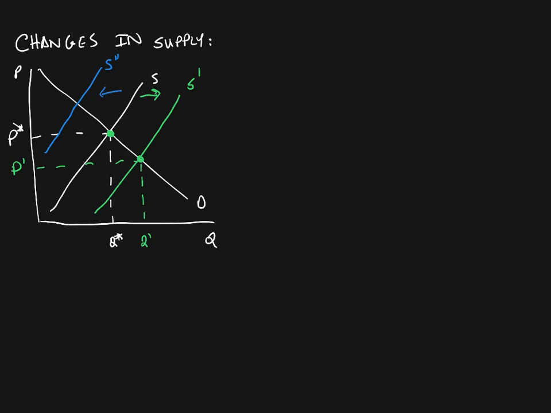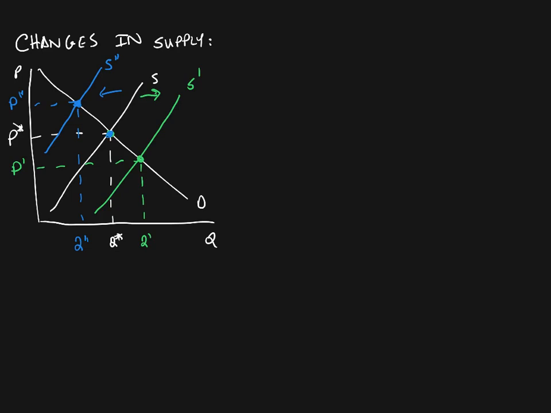A leftward shift of the supply curve is going to move the equilibrium from the original equilibrium up to this new equilibrium, where we get a lower equilibrium quantity, Q double prime, and a higher equilibrium price, P double prime. So this is what changes in supply look like in a particular market.